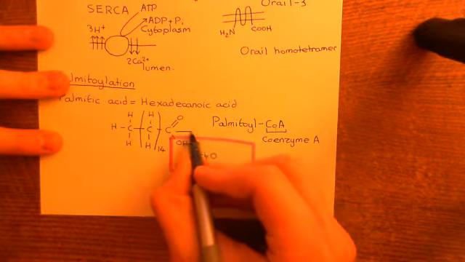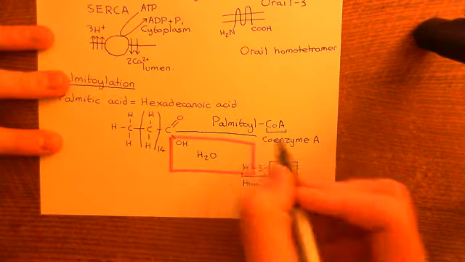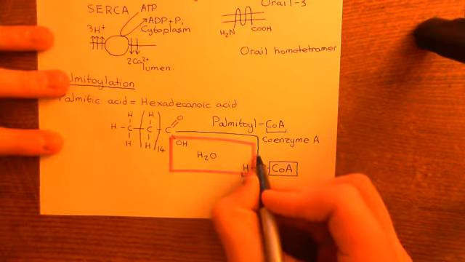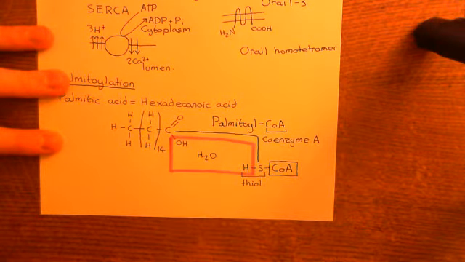You could then bind this carbon atom to this oxygen atom. We're imagining it's an oxygen atom, and that would create a nice link between the palmitic acid molecule and the coenzyme A, and this link would be called an ester link.